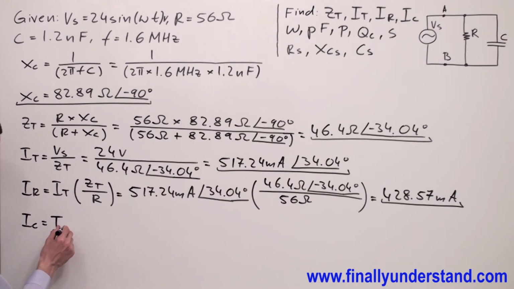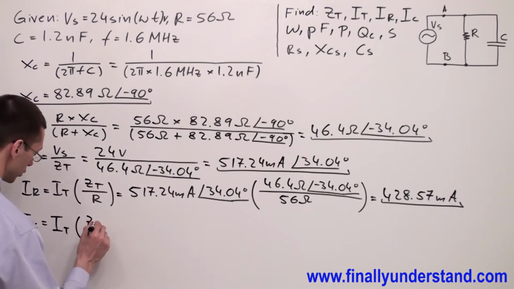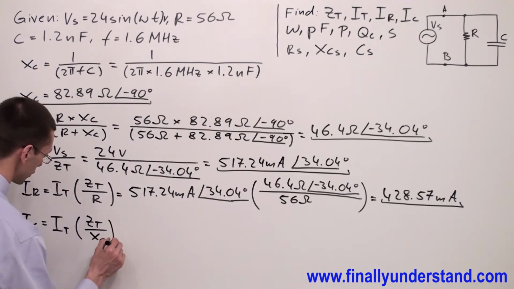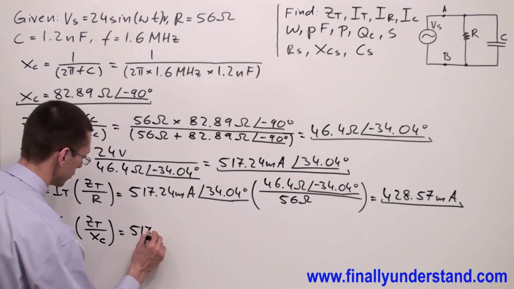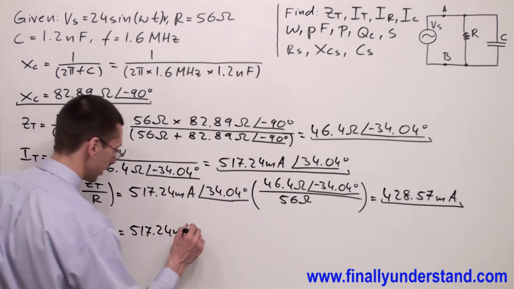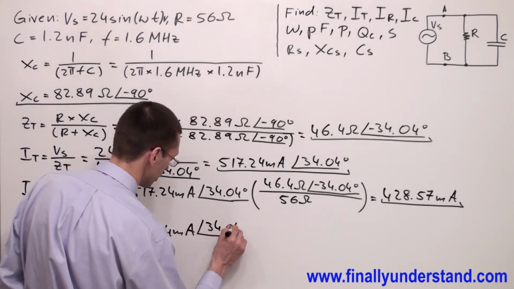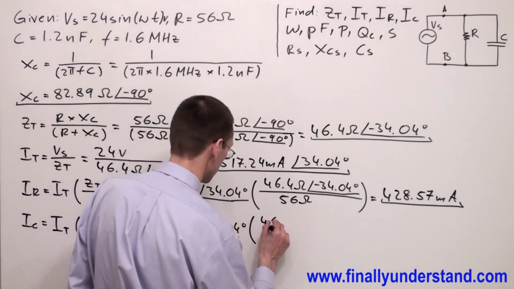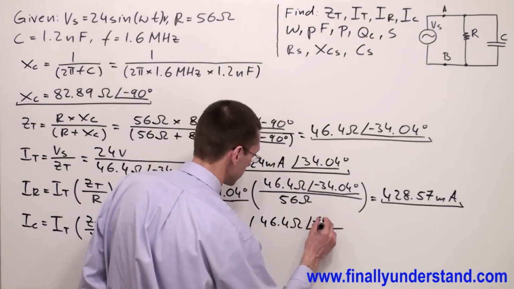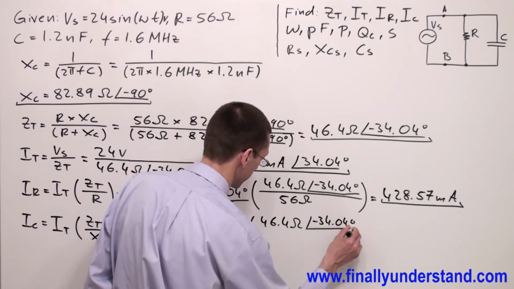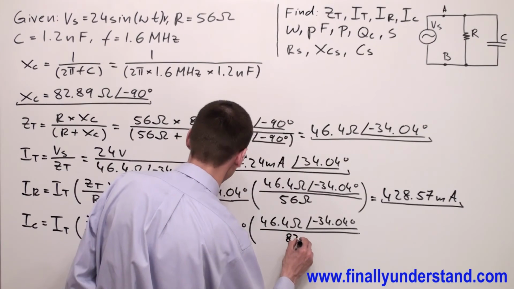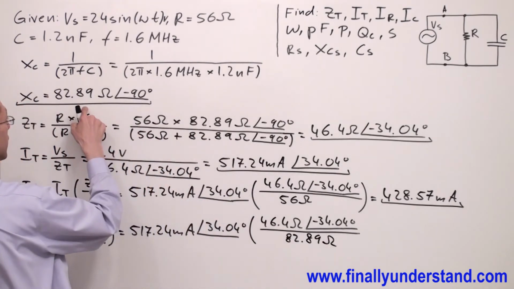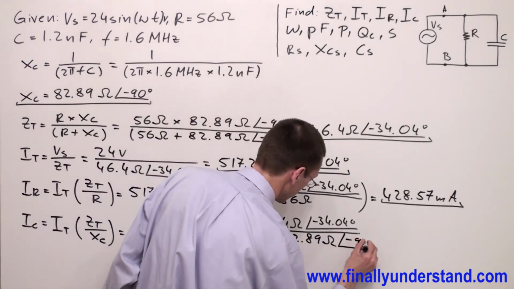So I have I total times Z total over X of C. Okay, so I have 517.24 milliamps and angle of 34.04 degrees times the total impedance, which is 46.4 ohms and angle of negative 34.04 degrees, over 82.89 ohms, my X of C, and angle of negative 90 degrees.